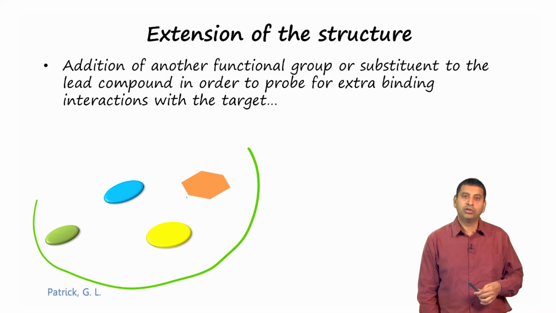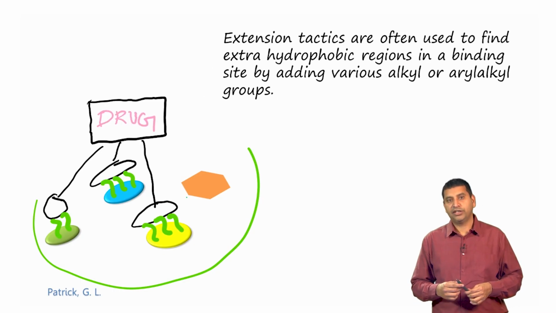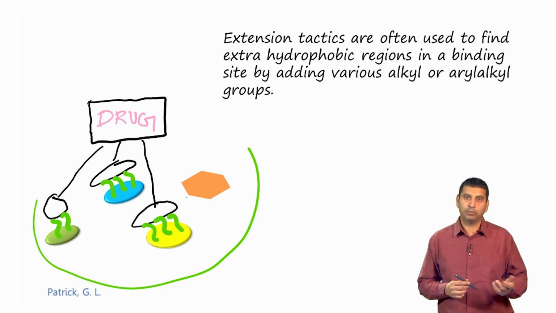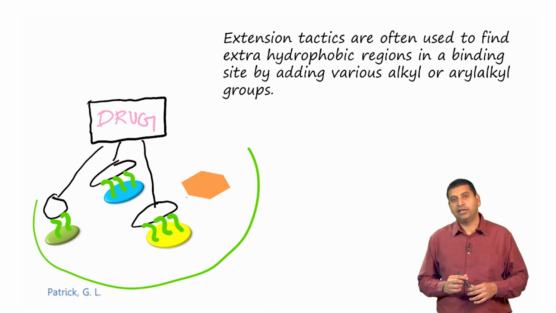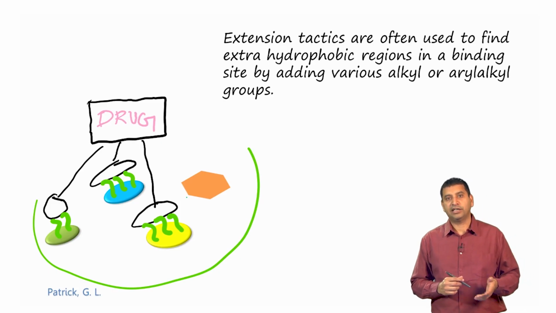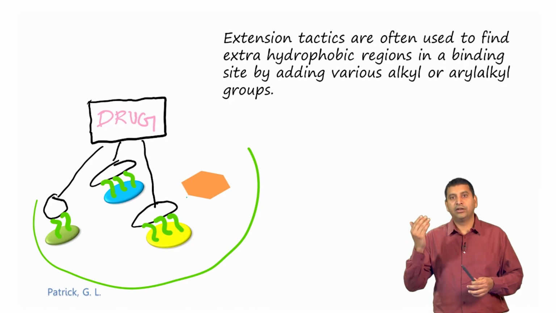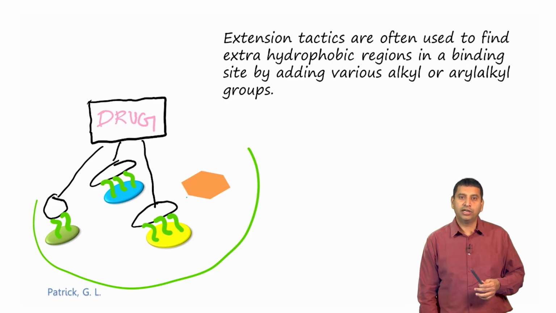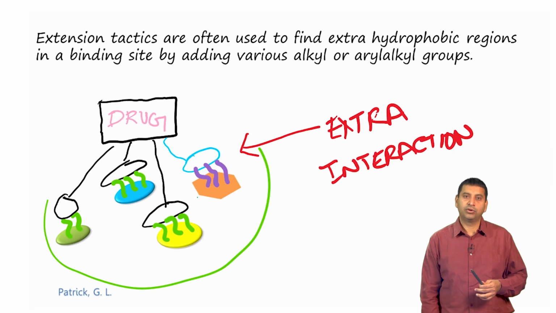Then we can design a drug, let us say, which interacts with 3 of these groups in a particular way. Now, since we have some idea that there could be an additional binding site, we can use what is known as an extension tactic. So, we can add an alkyl or an aryl alkyl group, so that the next group that is shown here can also be binding to the target.